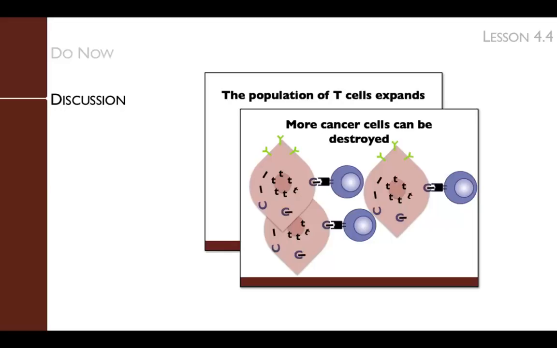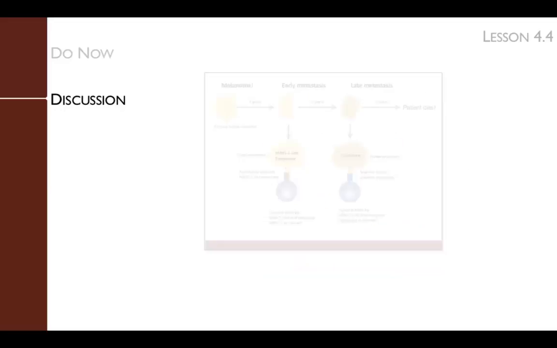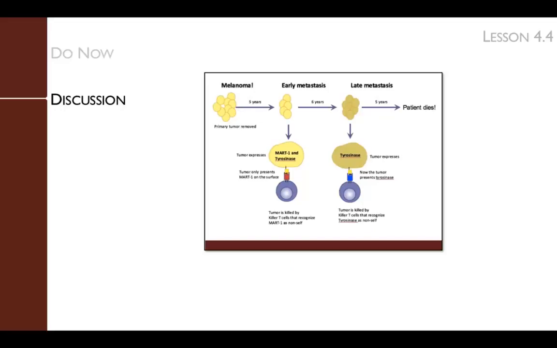Some of them may express slightly different peptides on their surface, so T cells with different receptors recognize these different peptides. But each cancer cell is continually mutating.